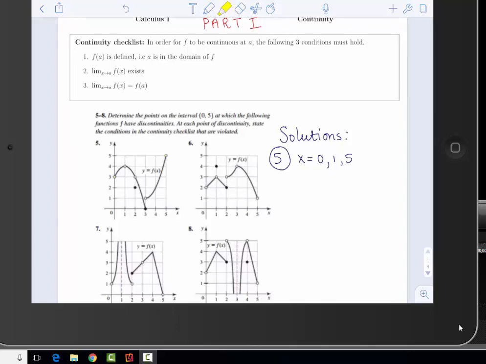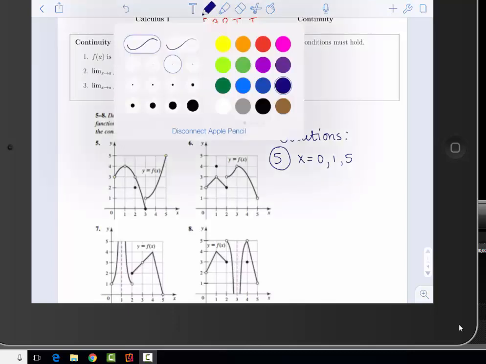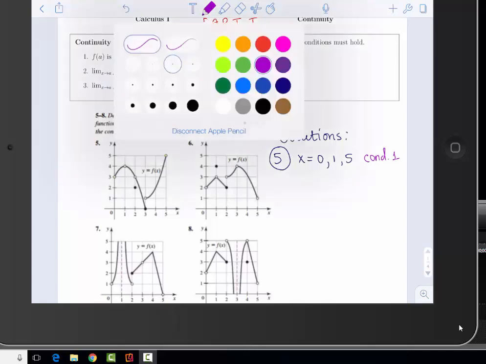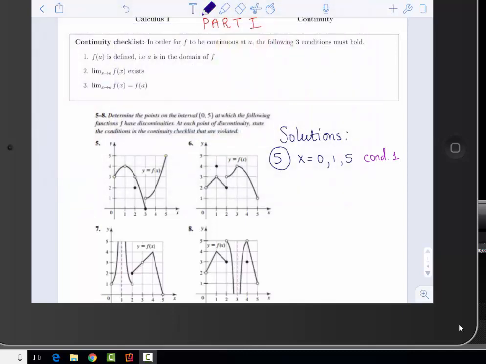This is where the function is undefined. So condition 1 is not true. Okay, we have a hole and no other point for x equal to 0, 1, or 5. So the function is discontinuous at those 3 points. Condition 1 is not satisfied in that case.